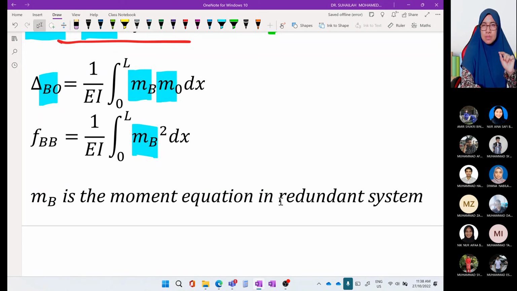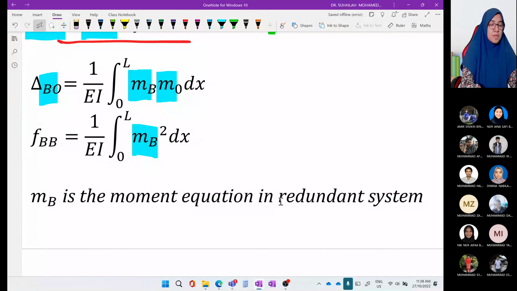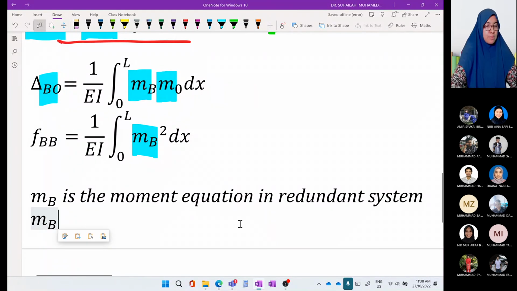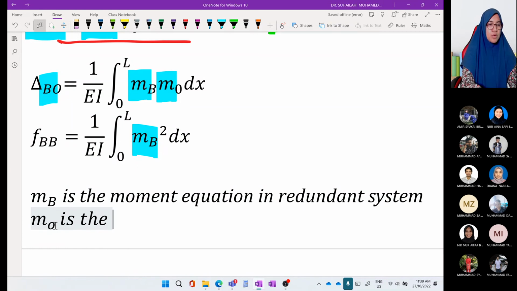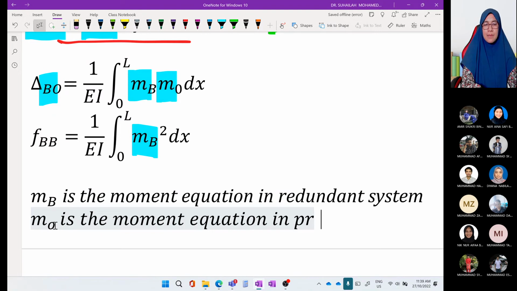It is MB because B is the position of the redundant. And M naught is the moment equation in the primary system.